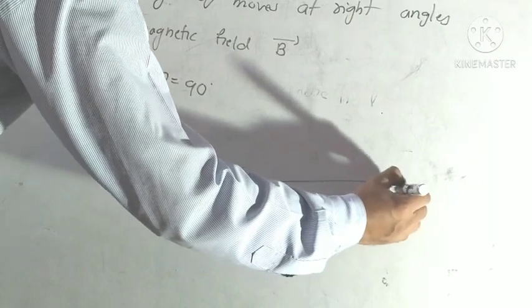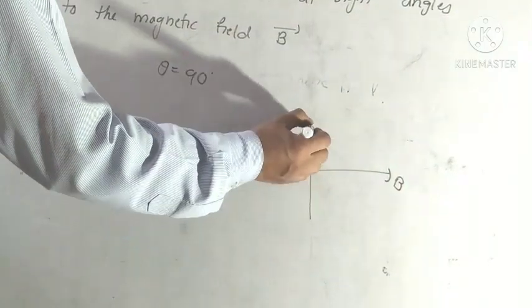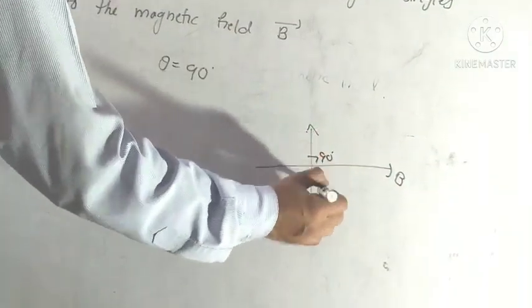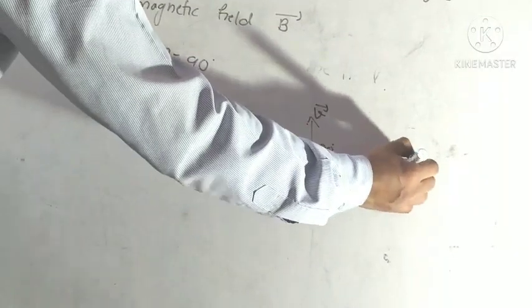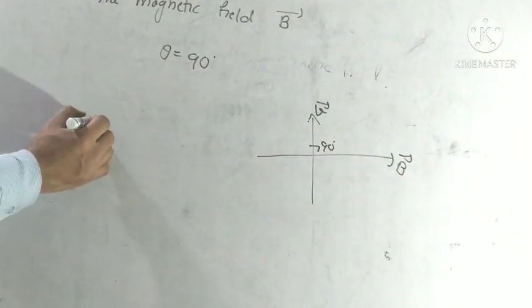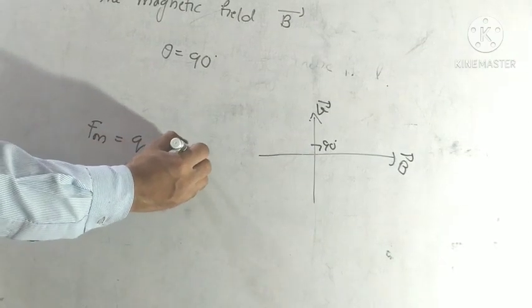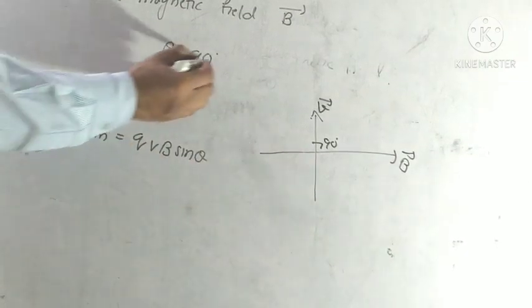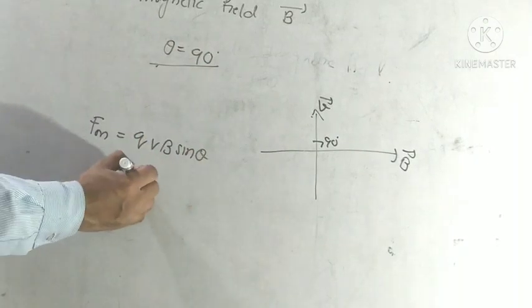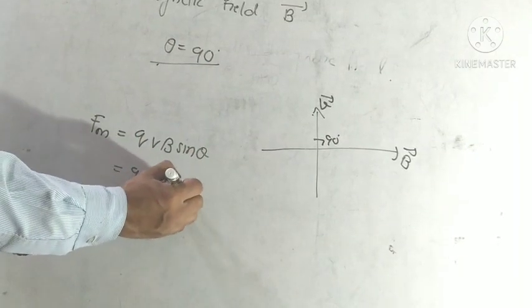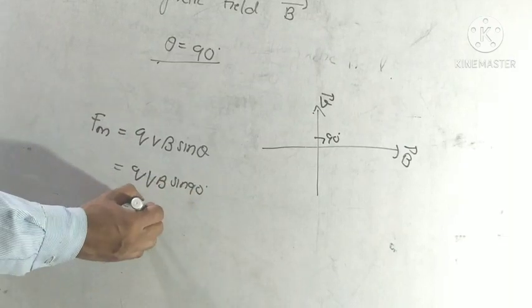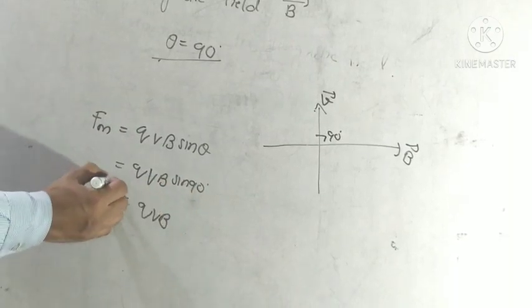This is the magnetic field and the charged particle moves along this direction, perpendicular to the magnetic field. Here we use the same formula, Fm is equal to QVB sin theta, with theta equal to 90 degrees, and we know that sin 90 degrees is equal to 1, so Fm is QVB.